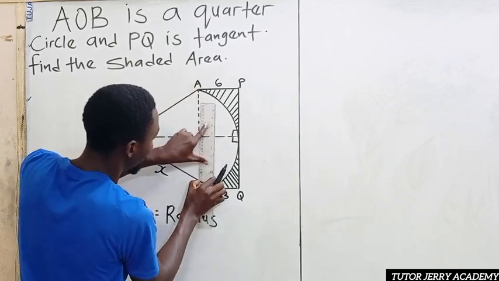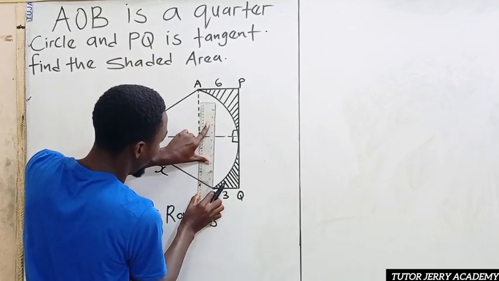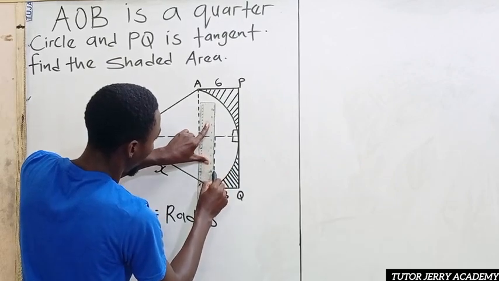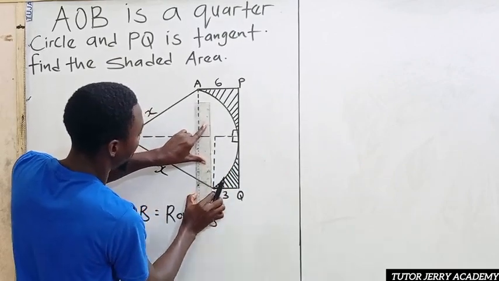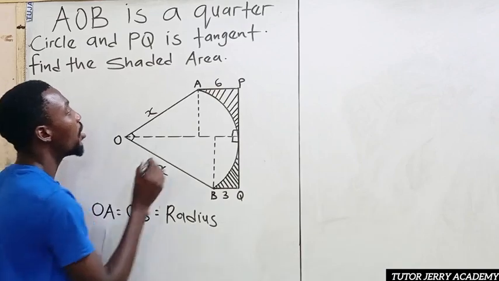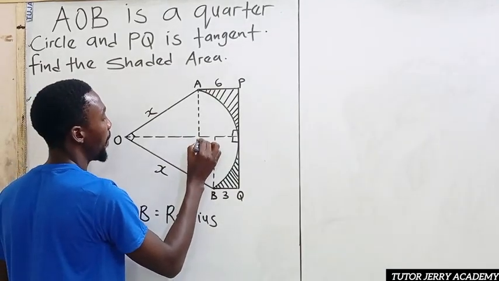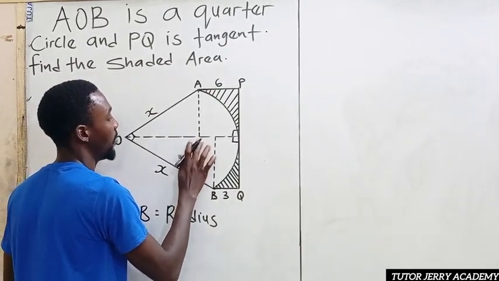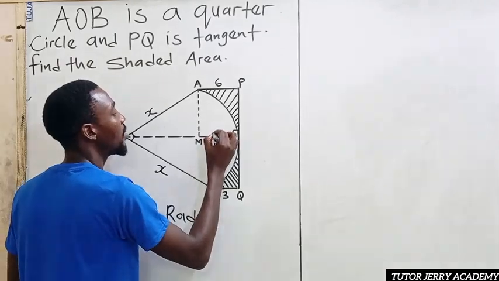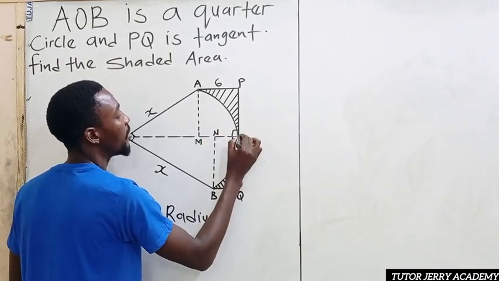If I draw this part too, I'm going to have something like this. I hope you understand. Now we can call this point M, this point N, and this point S.